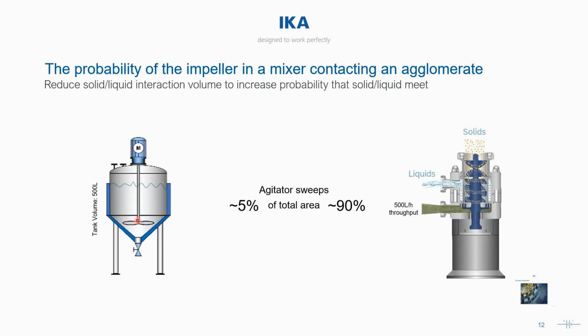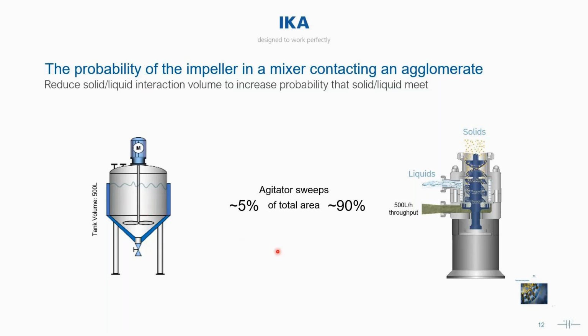If we assume an impeller diameter of just about 1 meter, that impeller is going to sweep roughly 5% of the total area of your tank, which means 5% of your material will be in that high energy dissipation regime. This type of mixing is very dependent on bulk turnover, which will again depend on your fluid viscosity and your fluid properties.